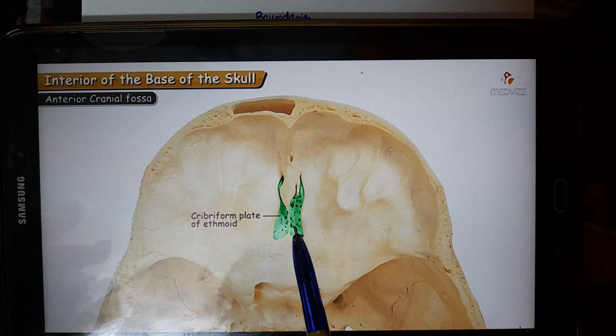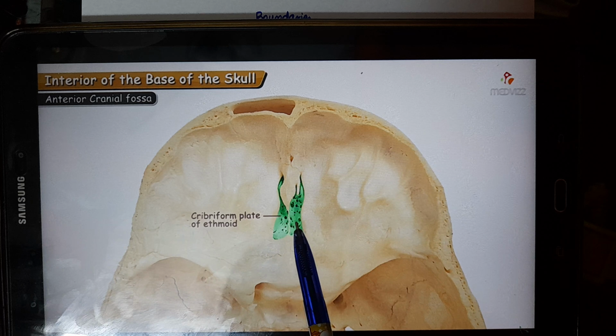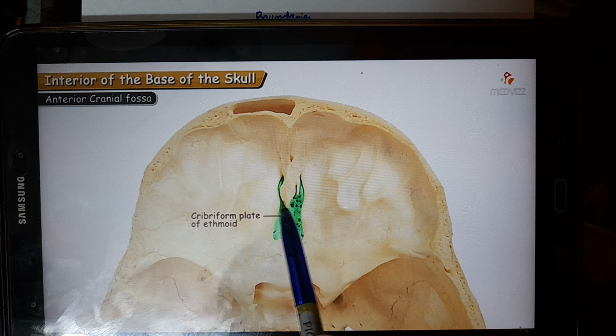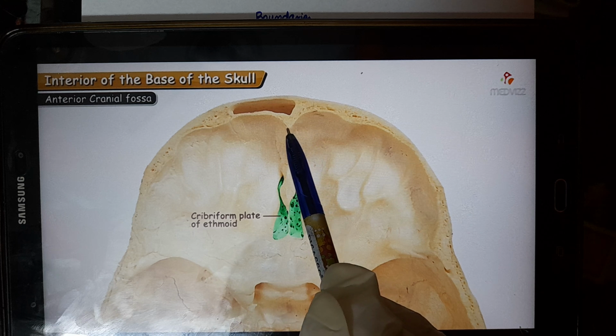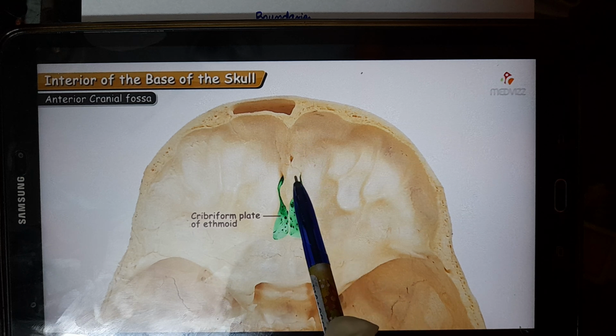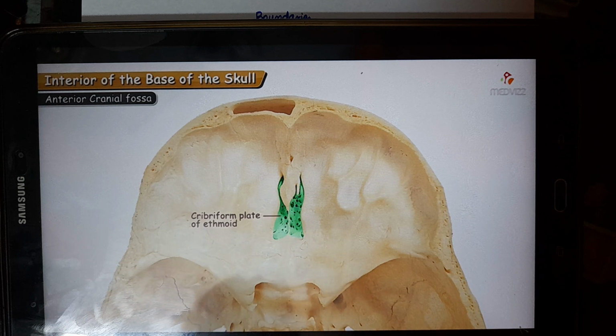Over here you can see this green portion. This is the cribriform plate. It has a lot of perforations, and these perforations are for the olfactory nerves. Above this we have the crista galli that I showed you, which was very prominent, and the crista galli has the frontal crest anteriorly. So this is the midline area.